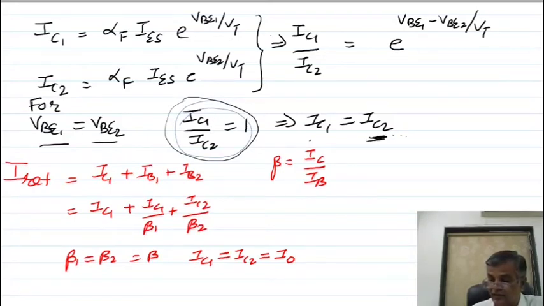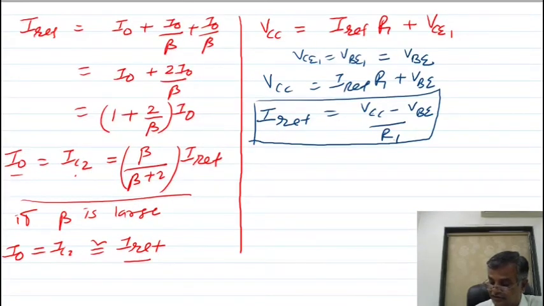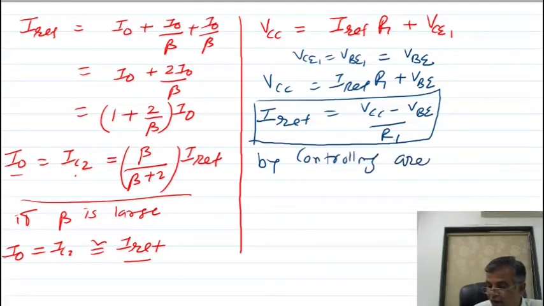If you want this current ratio to be greater than unity, then a current ratio greater than unity can be obtained by controlling the area of the base emitter junction of transistor Q2.